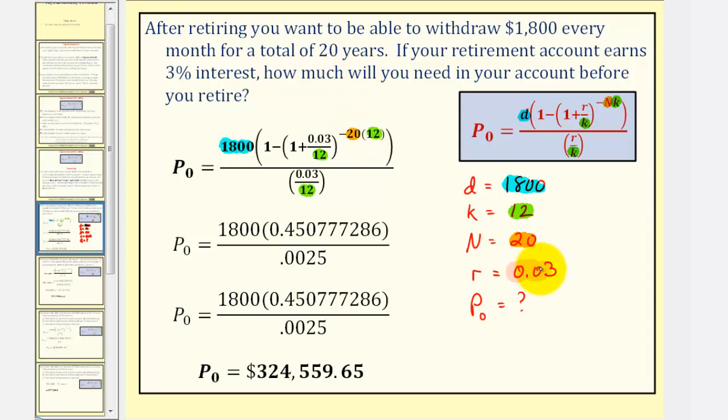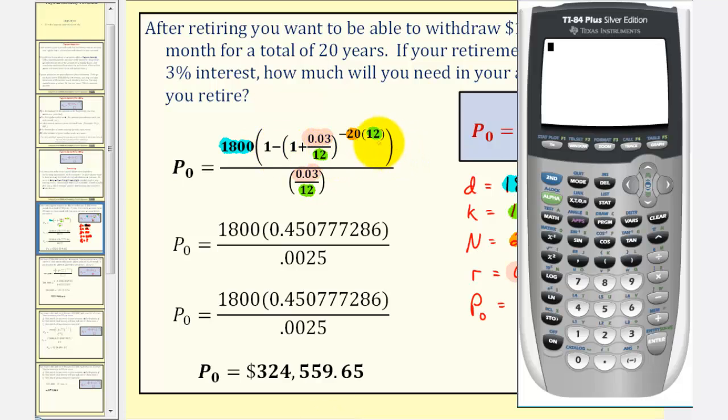And R is equal to 0.03, where R is here and here. And now we need to evaluate this to find P sub 0. It's hard to evaluate this all at one time in the calculator, so we'll begin by evaluating this quantity here in the numerator, as well as this quantity here in the denominator.